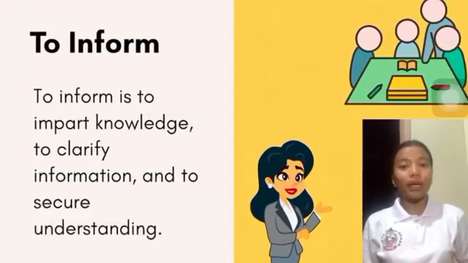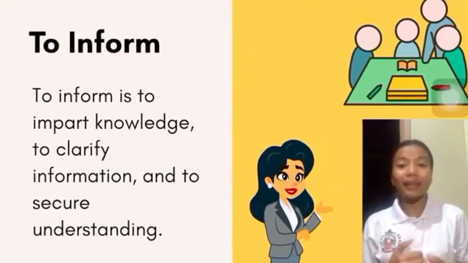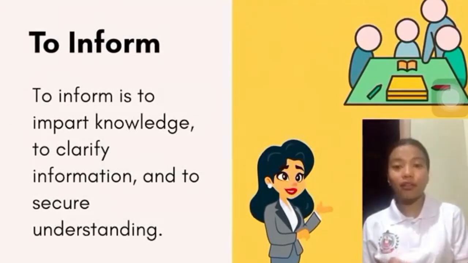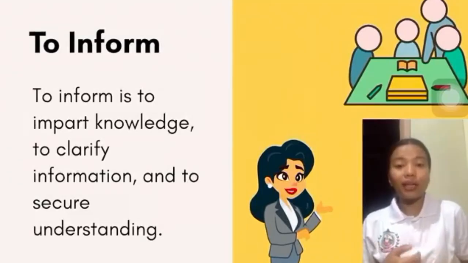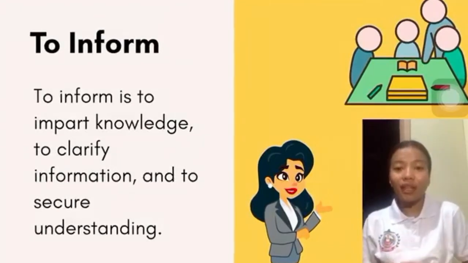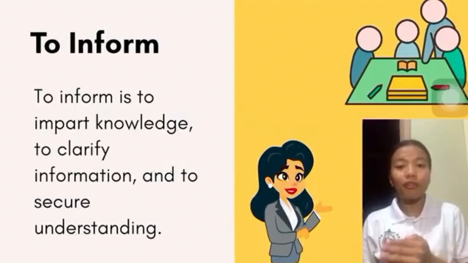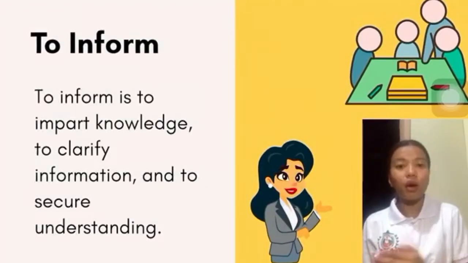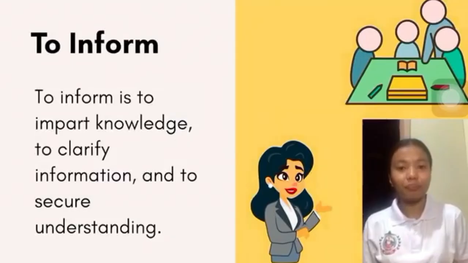To inform is to impart knowledge, to clarify information, and to secure understanding. To inform is to share facts, news, or knowledge with others. You can communicate to tell someone something that they don't know, like telling a friend about a new movie, or giving directions.